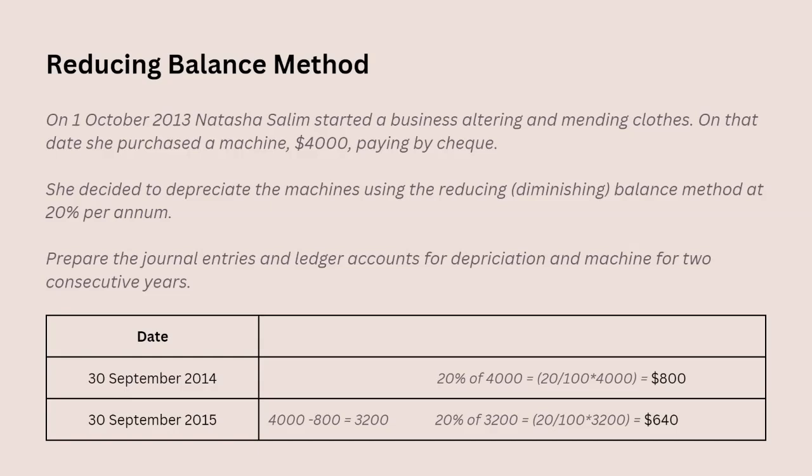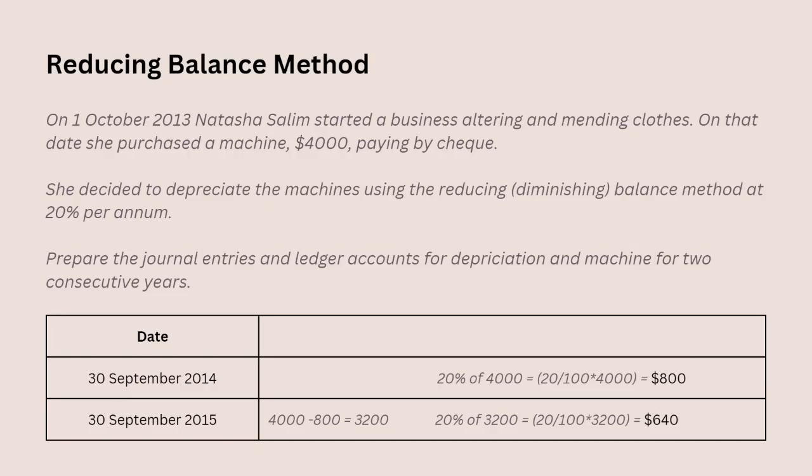So to work things out, I have calculated the depreciation. The year starts on 1st October 2013, which means it's going to end next year, on 30 September 2014. The price of the machinery was $4,000. So we're going to take 20% of $4,000. That's really simple: 20 divided by 100 times 4,000, which is 800.